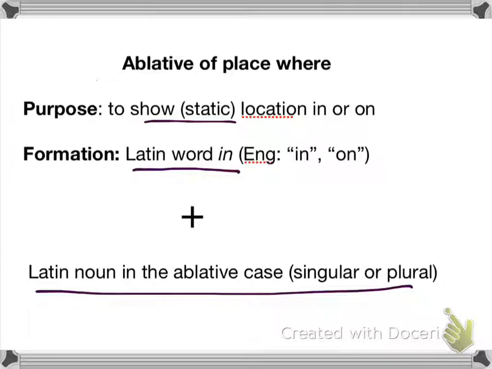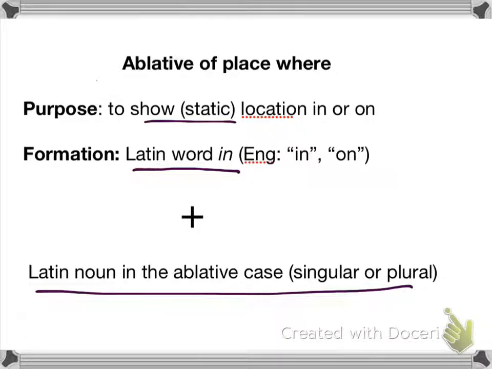And just to wrap up here, the ablative of place where is a use of the ablative case to show static location. And I said static because static means things that are not moving. And so in all of those examples, the Romans were not moving around on top of the horses. The books were not moving around on top of the tables. It's not moving into something, it's not moving onto something, it's always translating as in or on.